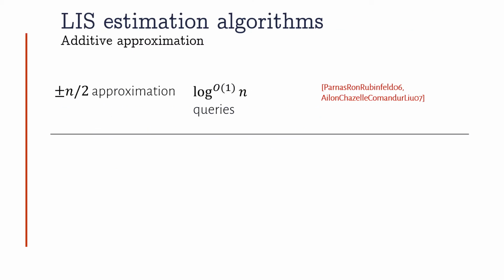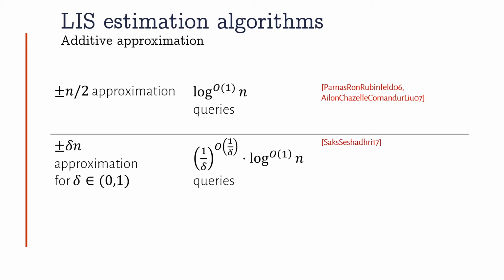Sublinear time algorithms for LIS estimation have been studied. One of them is a polylog n query algorithm by Parnas et al. and Ilan et al. that gives plus minus n over 2 approximation.